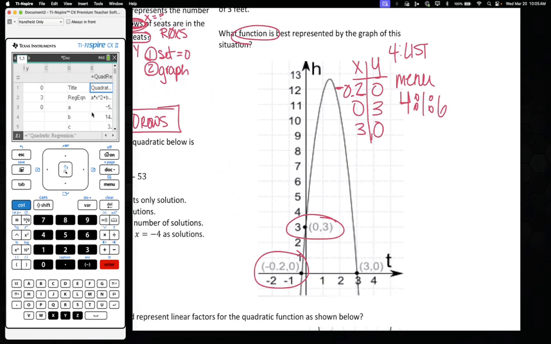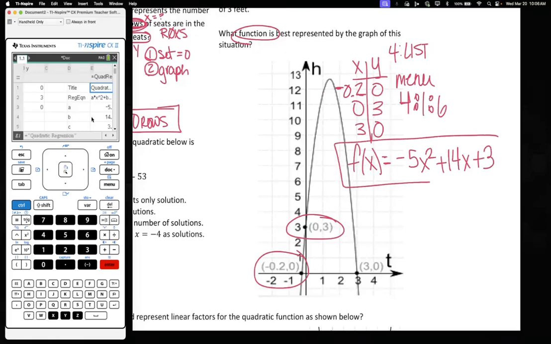And this gives us our a, b, and our c. So I can come over here and I can write f of x, or I can write y equals, and we're going to just write it in standard form. And we get our a is negative 5. That always goes with our x squared. Our b always goes with x, so positive 14x there. And our c is by itself, plus 3.